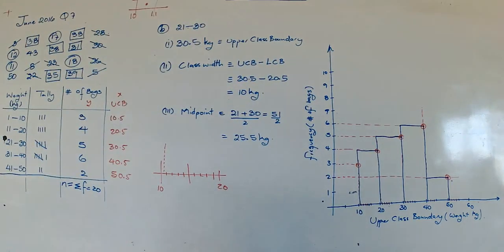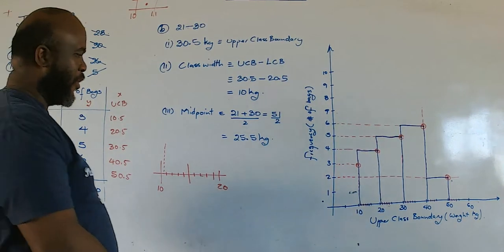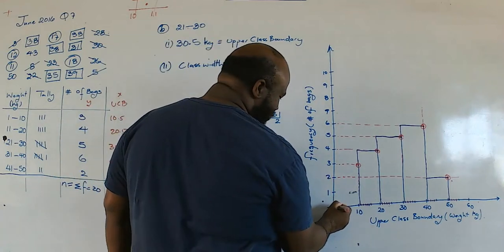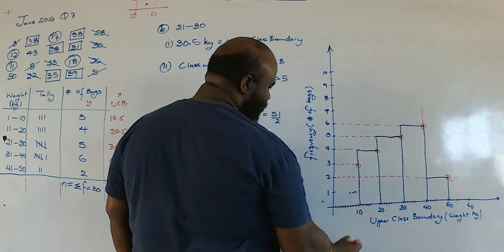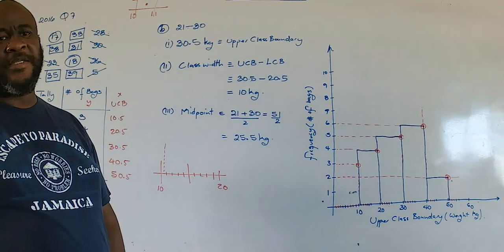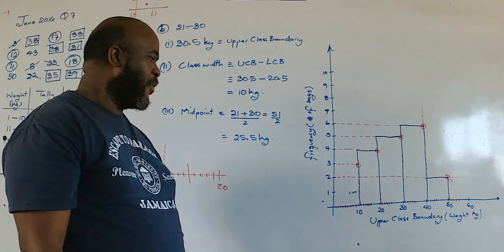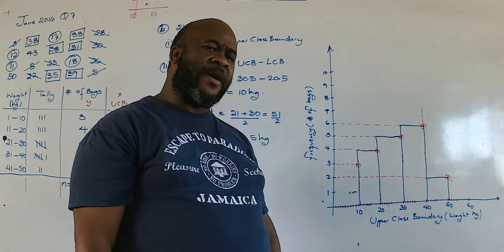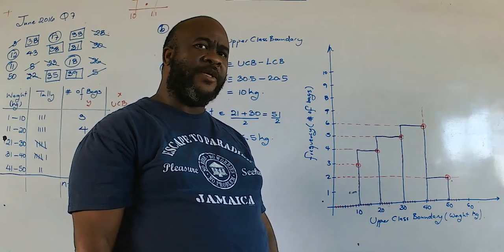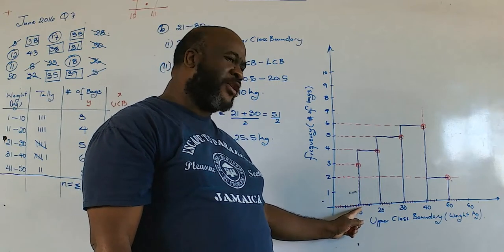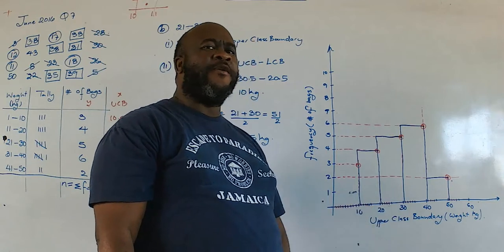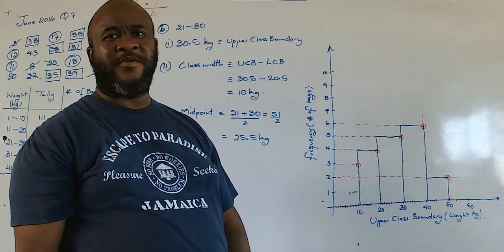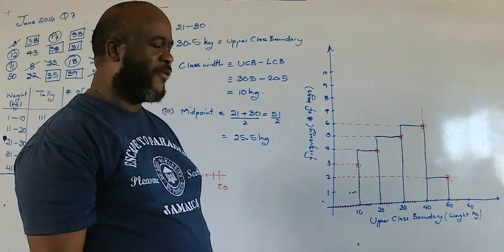The only thing that remains is, where do I start this? Can anybody tell me? Do I start the first bar at 0? I would start at 0.5. The bars must all be of the same width. This one starts just after 10, just after 20, just after 30. The first one must start just before 1, at 0.5.